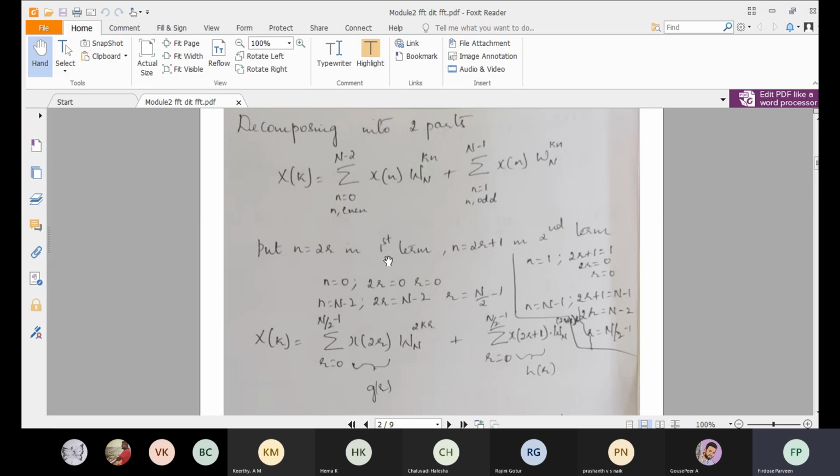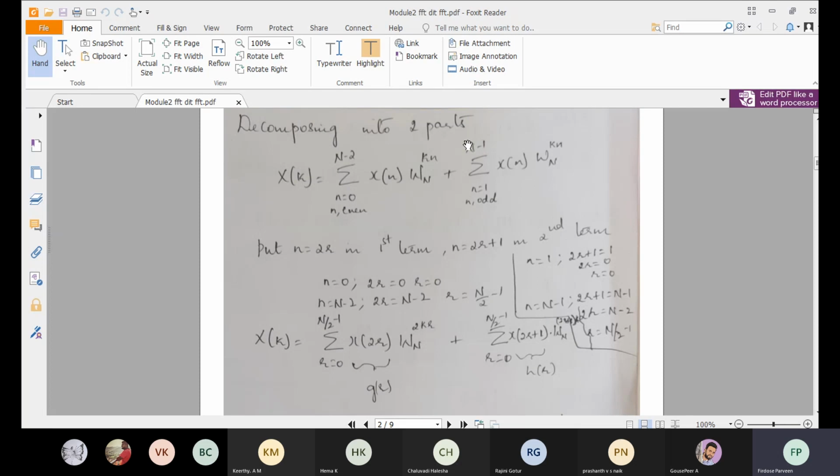So we have replaced n with 2r. W N to the power of, again n is replaced with 2r, so it will be 2kr. Now plus, for the second term, n equal to 1 gives 2r plus 1 equal to 1, so 2r equals 0 and r equals 0.